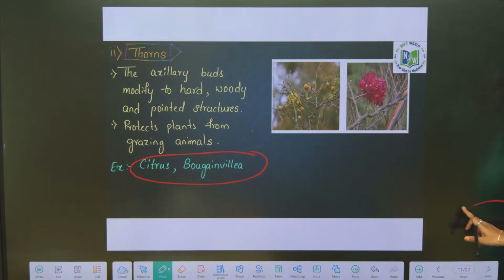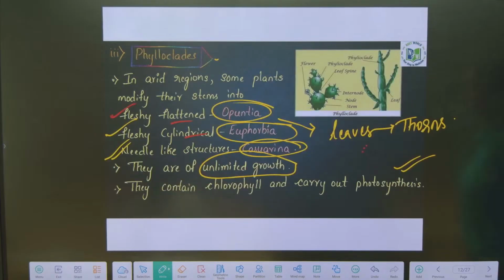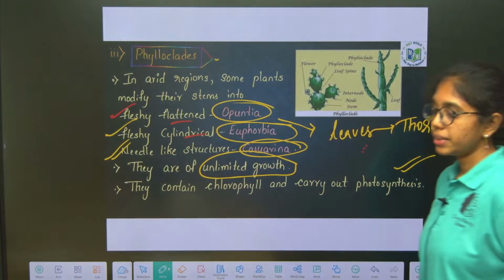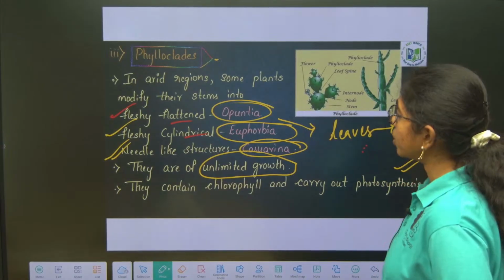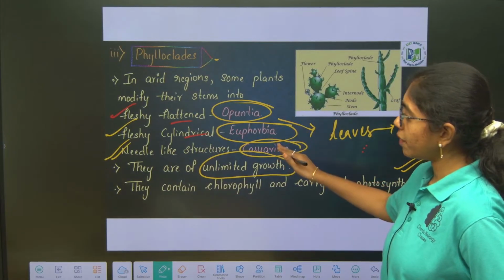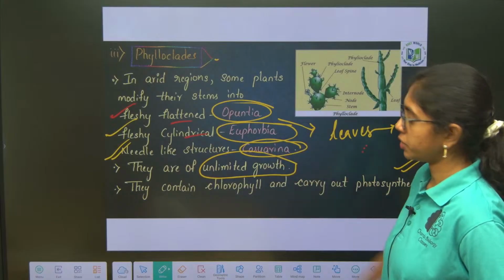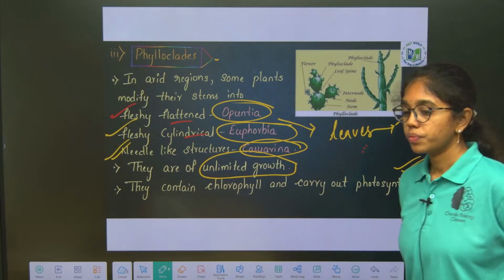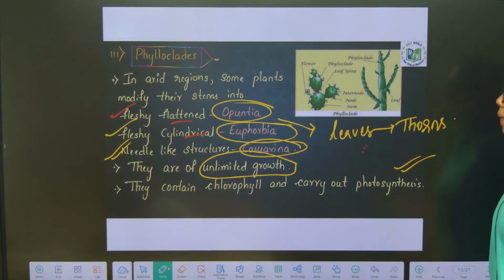Done? Phylloclades. You should clearly know which is fleshy flattened, cylindrical flattened and needle-like structures. And here you have to be clear with the parallel leaf modification into thorns.